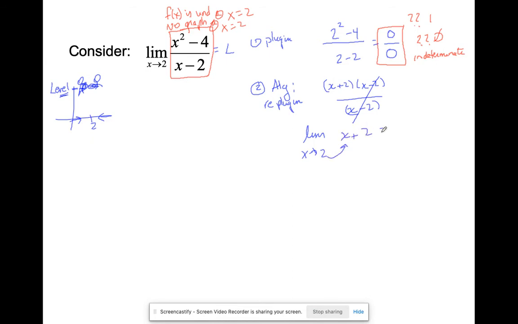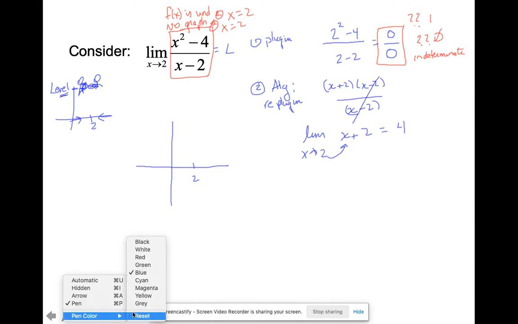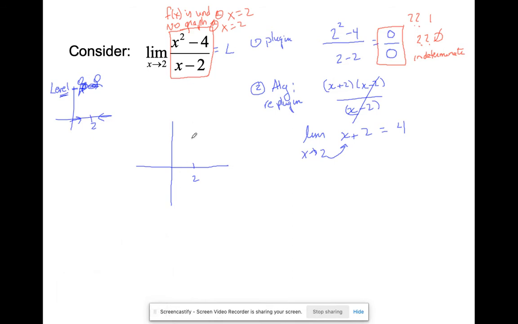Plugged in 2, and you got 4. And what that means is that the graph is not defined at 2, but instead of having a vertical asymptote, that canceling out situation created a hole. And the rest of the function behaves like x plus 2, except for the hole at 2, 4.